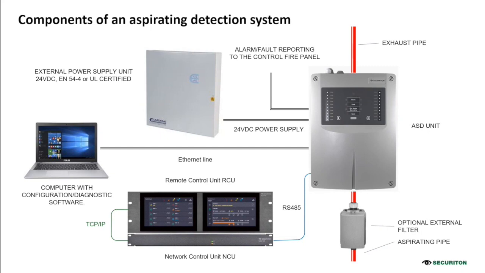Then we can see the reporting to the fire alarm control panel. Usually we always have an alarm for every channel and a fault. And most of the time there is also an input to reset the unit. Then you can see there are other accessories that could be present in the system. For example, there could be a remote indication panel for the end user or for the technician.